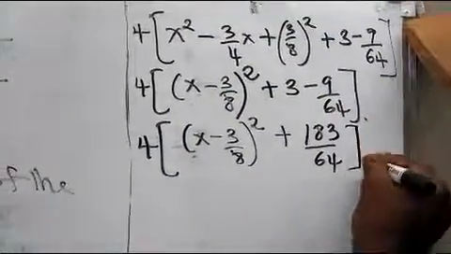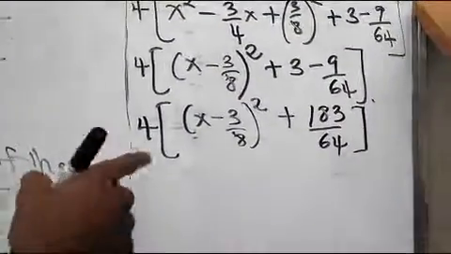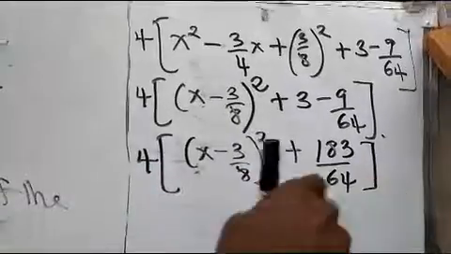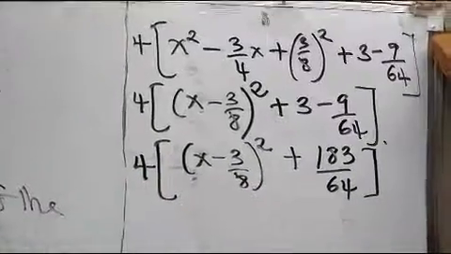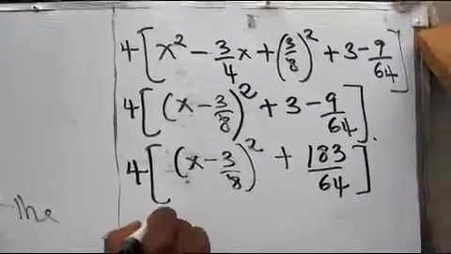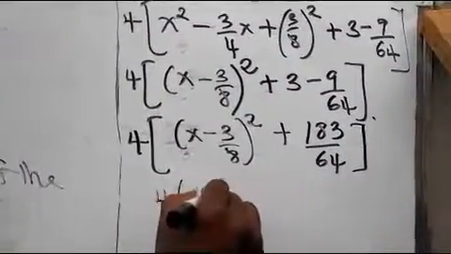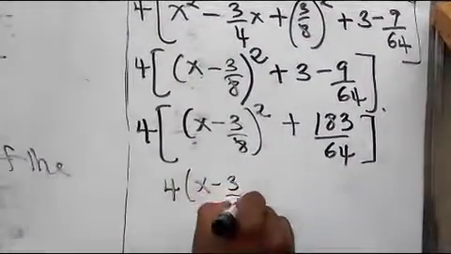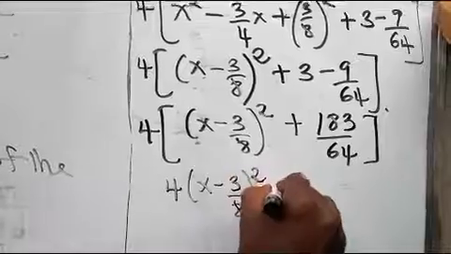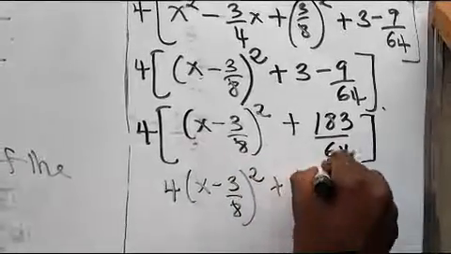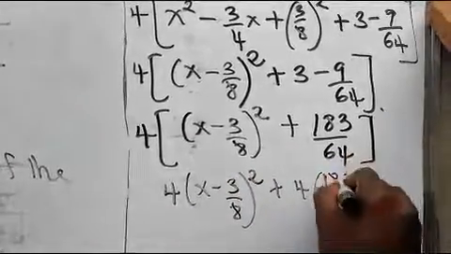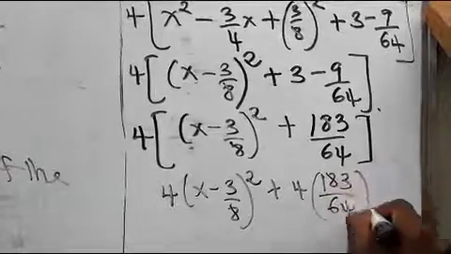We close our expression. Now we make sure we send our 4 inside. After completing the square, we have 4 times (x minus 3 on 8) all squared plus 4 into 183 on 64.